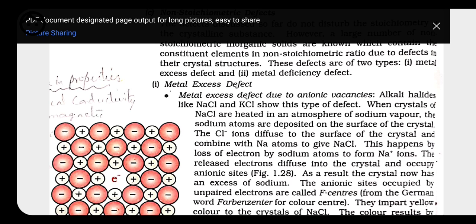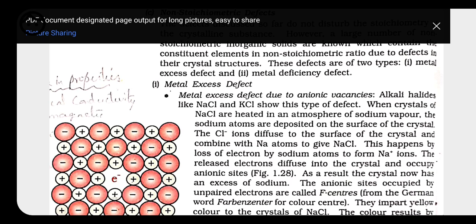Whenever light falls on this type of crystal, this extra electron gets excited and goes to another shell, and when it comes back it releases some radiation, and when this radiation falls in the visible spectrum, it shows some color. So this is a very important property that is changed due to the heating of sodium chloride in the vapor of sodium.